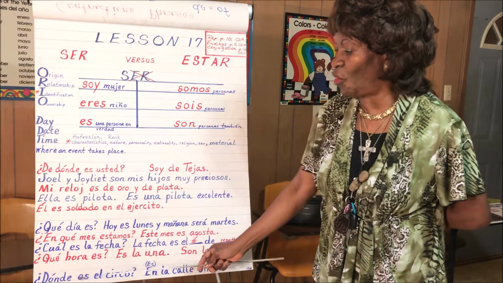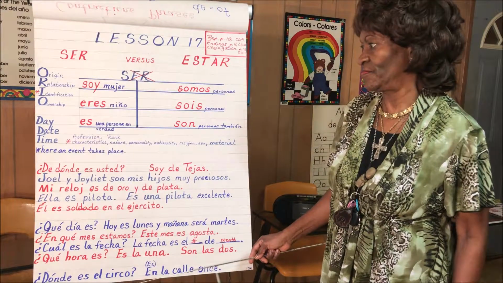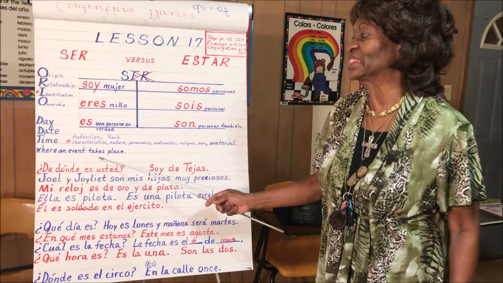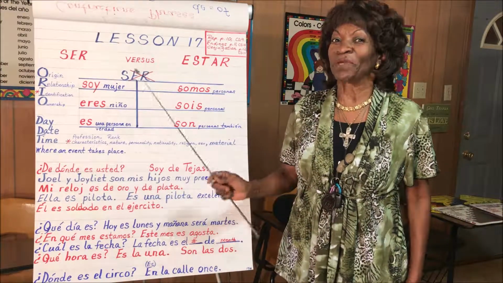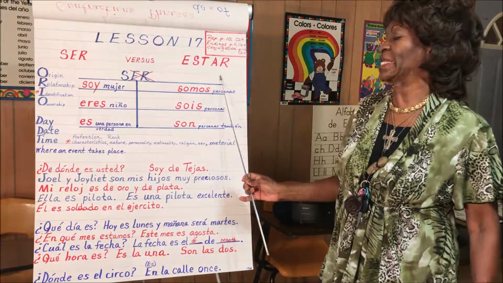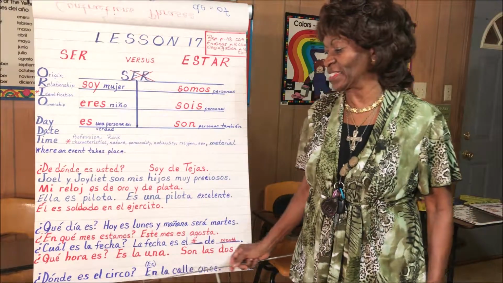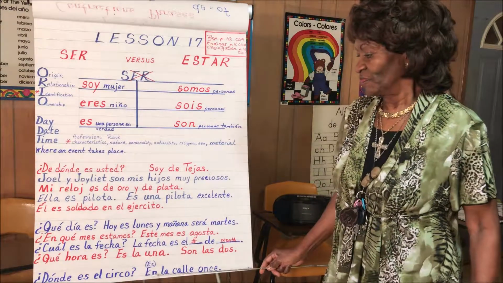Okay? ¿Dónde es el circo? Where is the circus? That's where an event takes place, not where the event is located. Because if you're talking about location, we will use the verb estar. But where does this party take place, or where does the circus in this case take place? Okay?